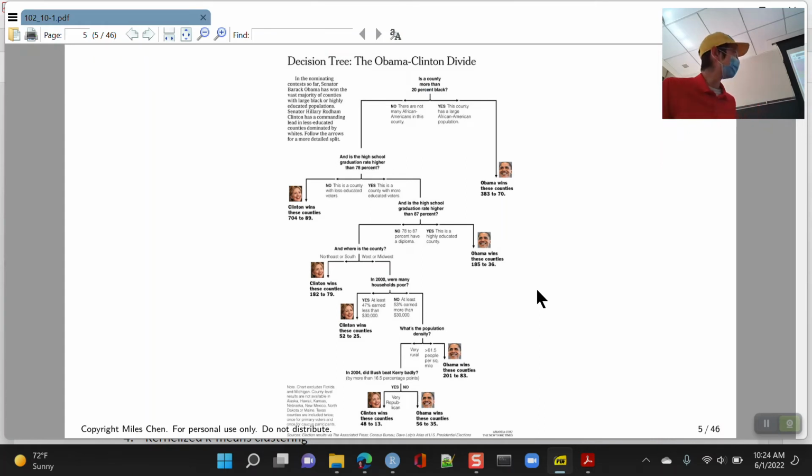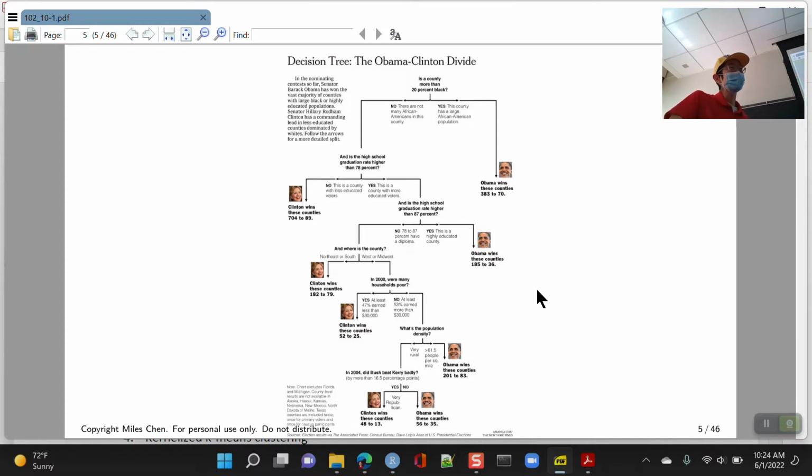Here's an example of a decision tree that was actually published in mainstream publications. So this actually showed up in the New York Times. This was way back in 2008. I don't know how old you were in 2008.